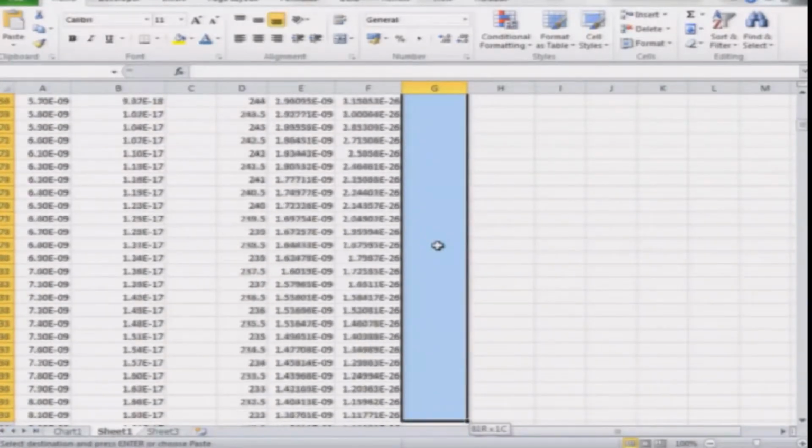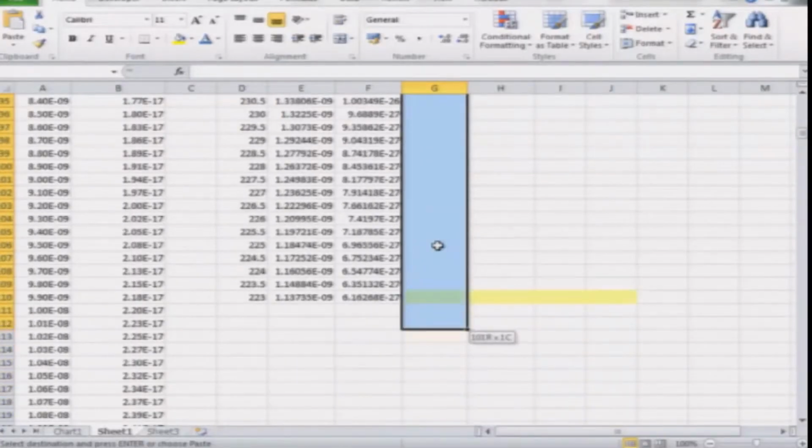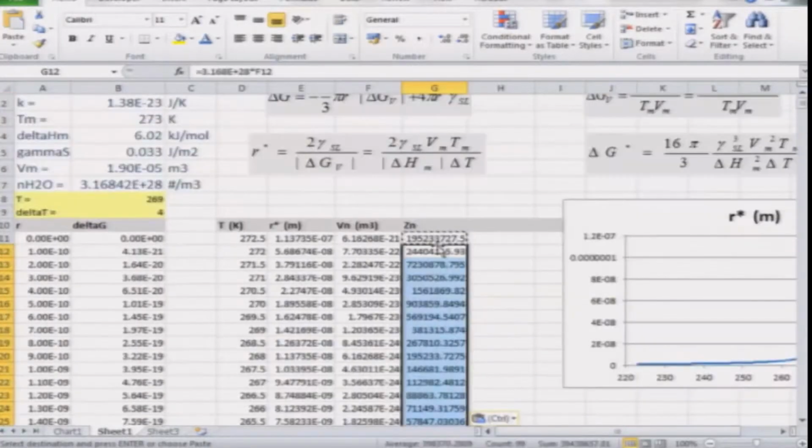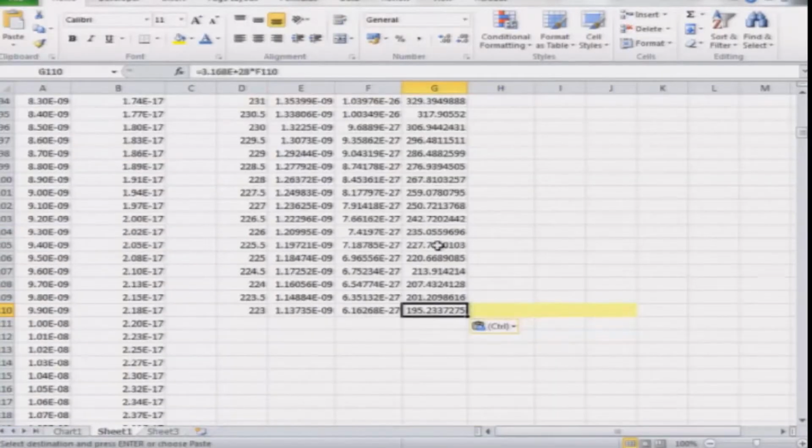And I will copy this formula again. This gives me, as you can see, that as the undercooling is increasing, the number of molecules is reducing.